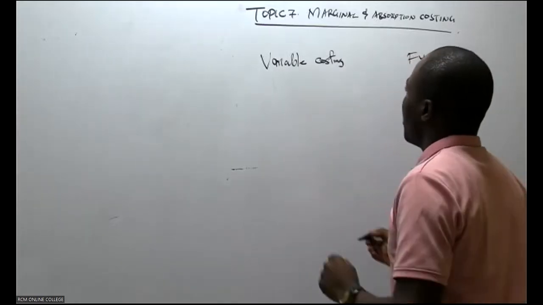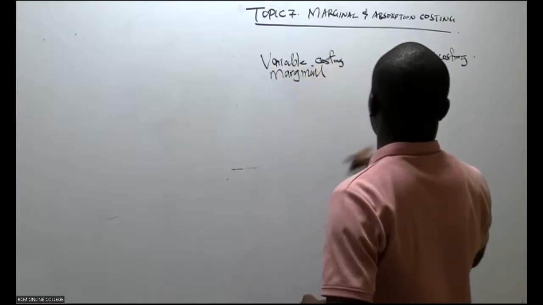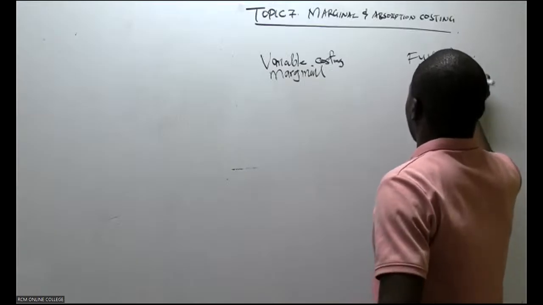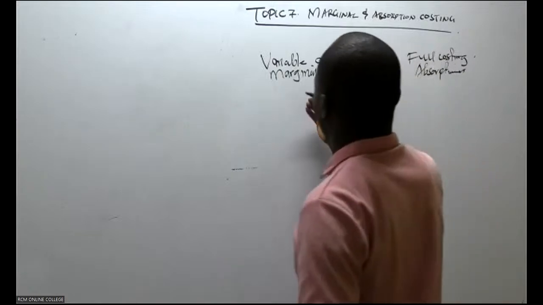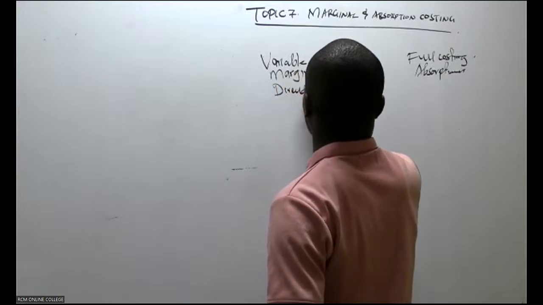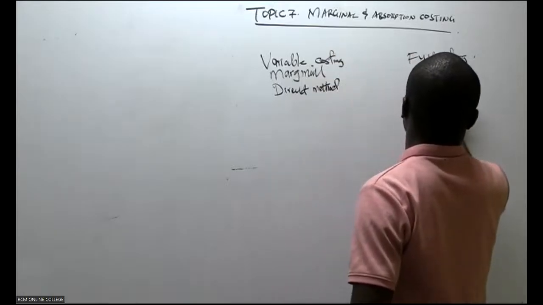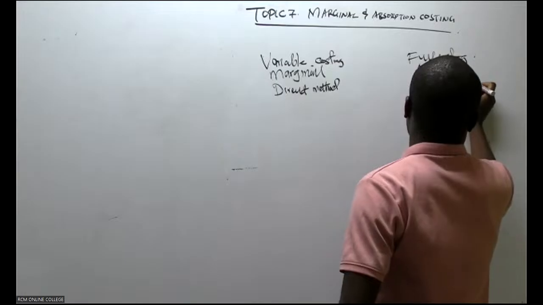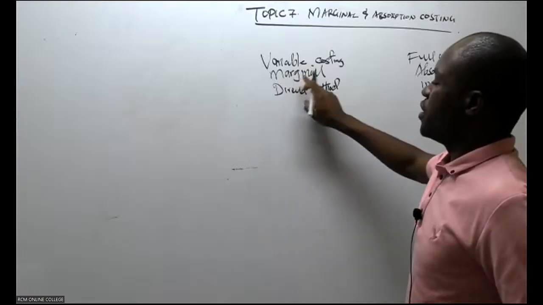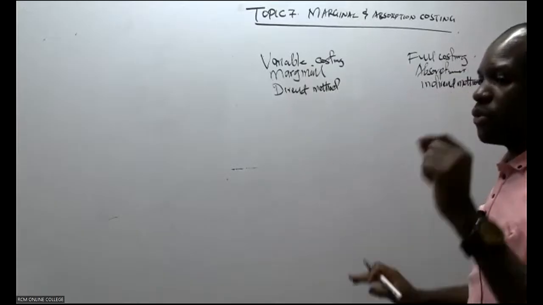When we arrive in class now, we are talking about marginal and absorption. When you do your cut or mock, you'll find that I indicate direct, then indirect. So the examiner can use any of these three to refer to marginal costing, and any of these three to refer to absorption costing.